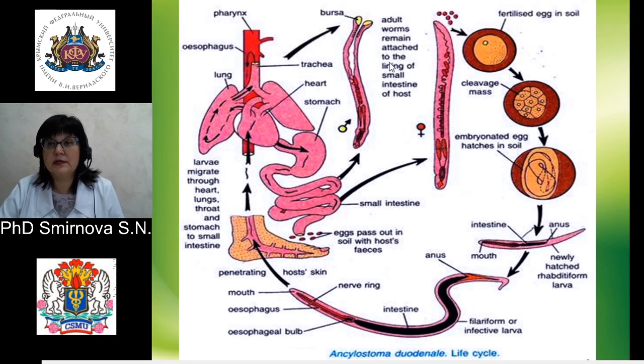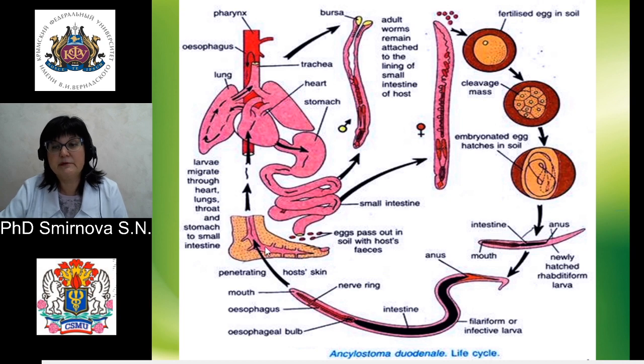On this scheme you can see the life cycle of Ankylostoma duodenale. A human can be infected in two ways. The first way is by larvae penetrating the skin and moving to the bloodstream, and the second way is by swallowing eggs with contaminated food or water.